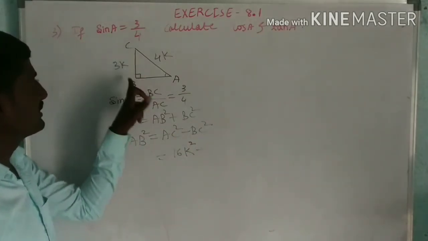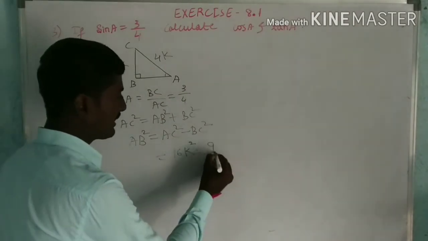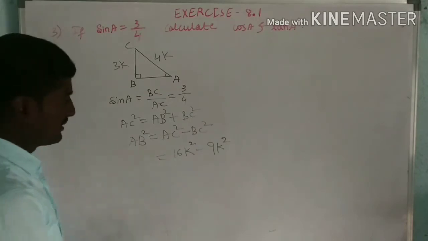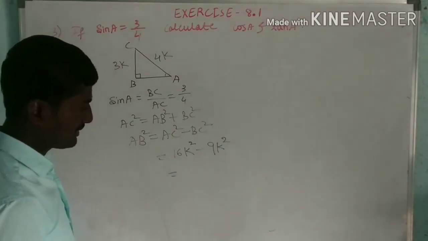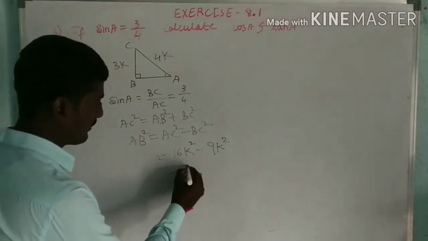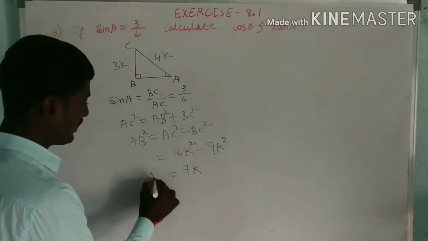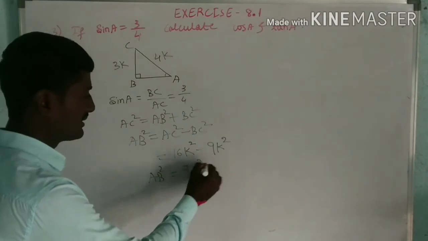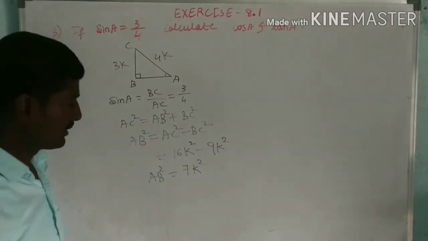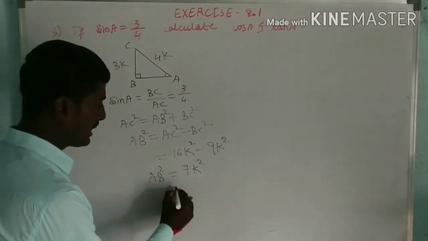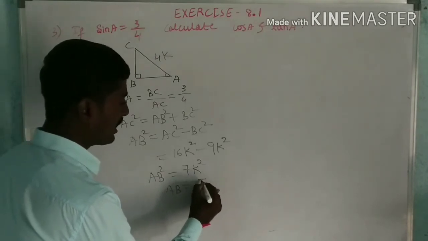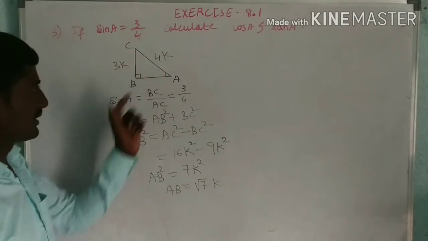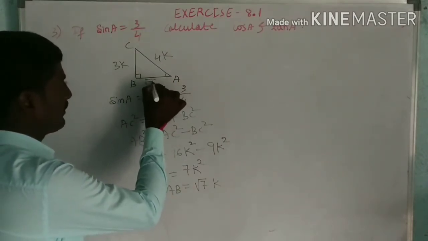BC is 3 square, it is 9K square. Now 16 minus 9, that is 7K. So AB square is 7K square I am getting. Now AB is equal to root of 7K. So the third side we got is root 7K.